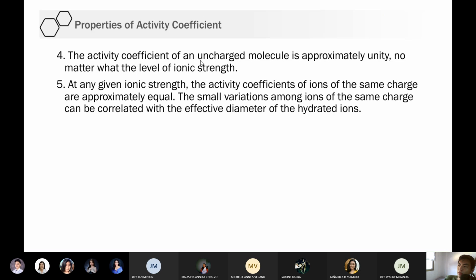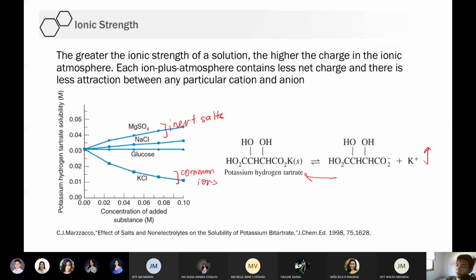For number 4, the activity coefficient of an uncharged molecule is 1. That means if you have added molecules that are uncharged to your solution, then your gamma is equal to 1. Hence, the equilibrium constant will not be shifted. This explains the graph we had earlier.